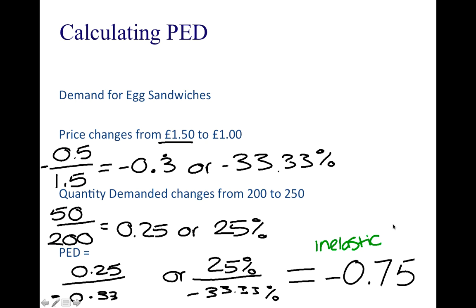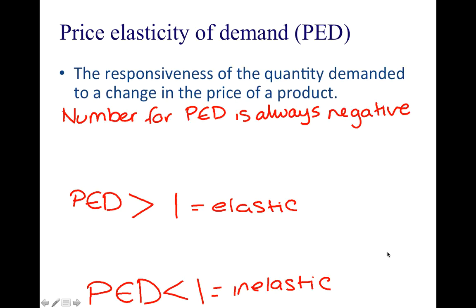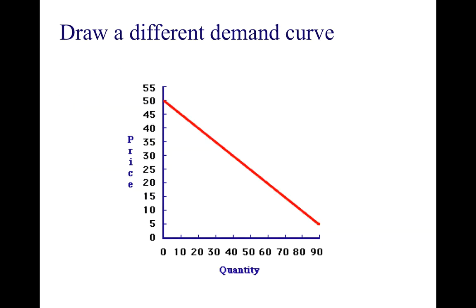So let's have a look at what this means. Now I've already pre-done my slide, so you can see there that I'm saying that it's inelastic, but let's have a look at what that actually means. We're looking at how responsive the quantity demanded is to a change in the price of a product. And if you think back right at the beginning to the first slide, because demand is downward sloping, the number we're always going to get is going to be negative.